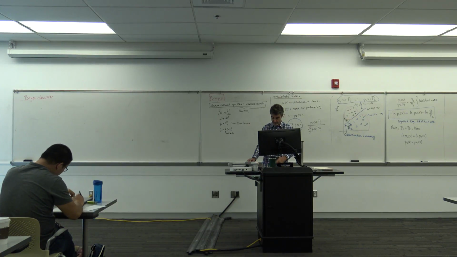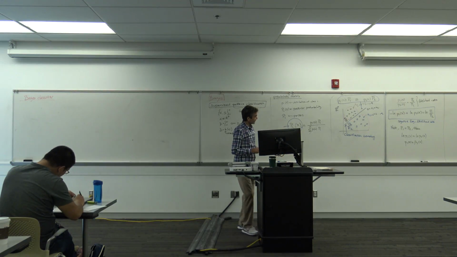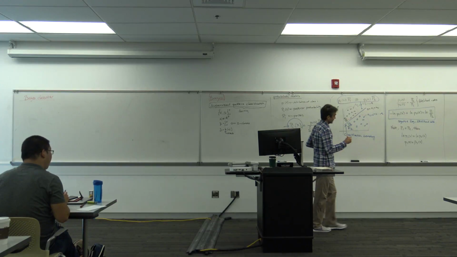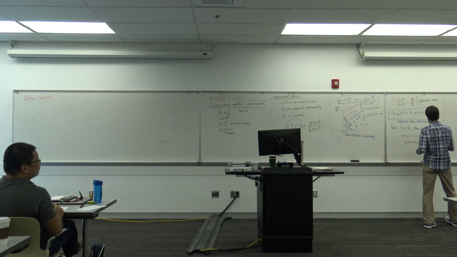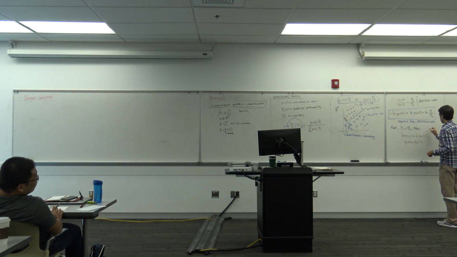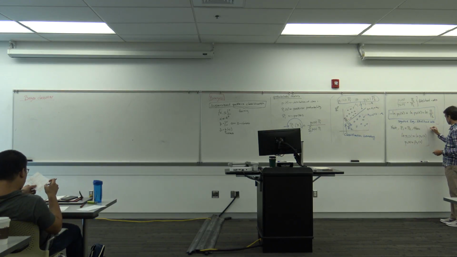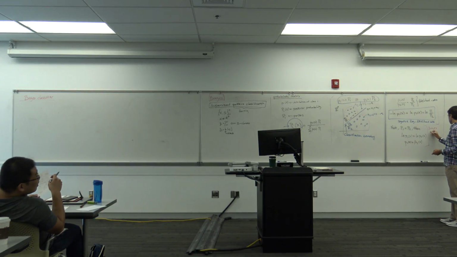Now, I'm going to say something really bold right now. This classifier, or this one for non-equal priors, that's the best classifier you can ever design. This is the Bayes optimal classifier.